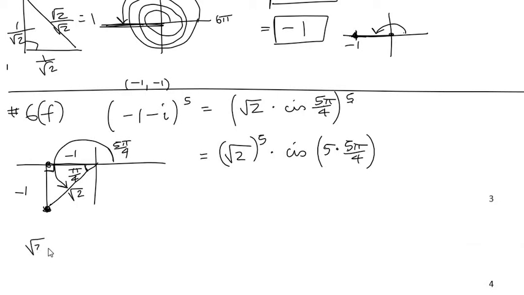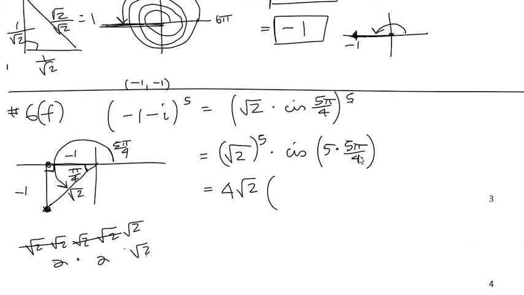Okay, so let's see. Root 2 to the 5th power, when I see that in my head, I see 5 factors of root 2, and I know that root 2 times root 2 is 2, and another root 2 times root 2 is 2, and we've still got a root 2 left, so that's 2 times 2 makes 4 root 2. So root 2 to the 5th power is 4 root 2.